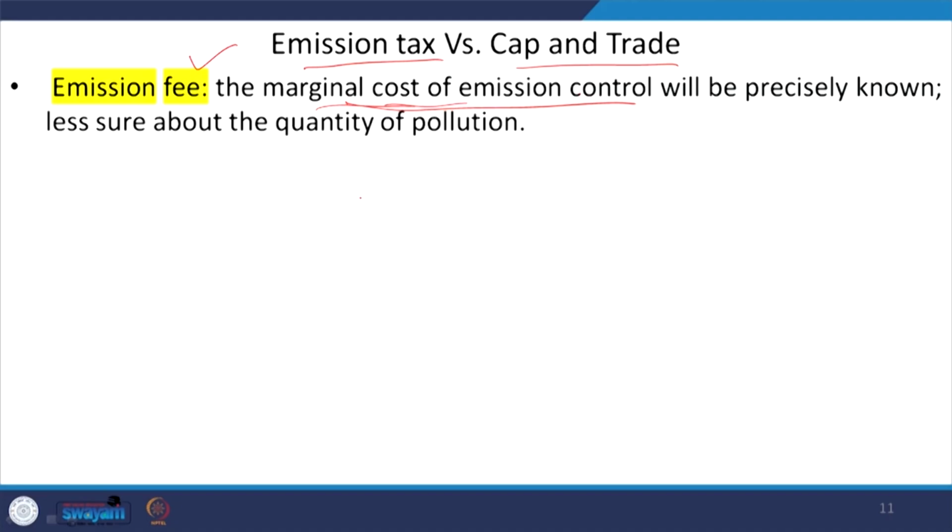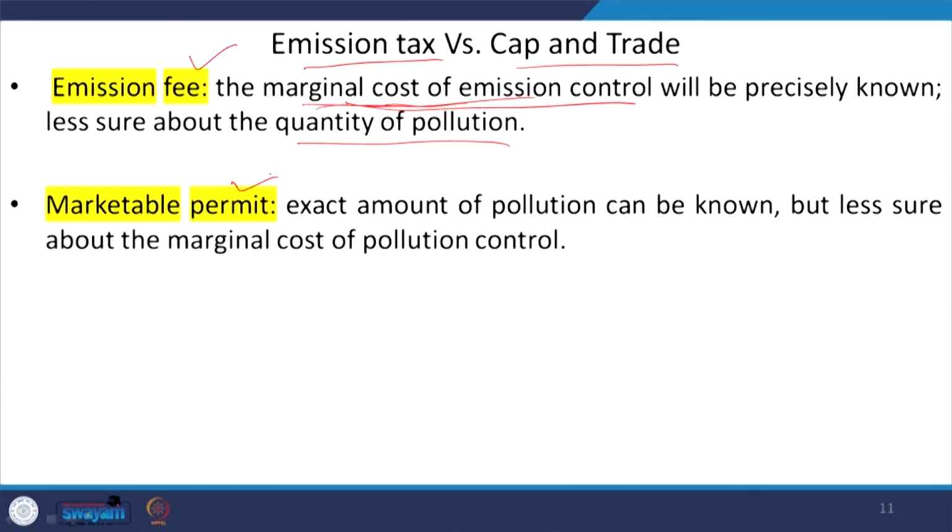And when you are going to reduce one more unit of pollution, then you have to pay some additional amount of cost. So, that is how the marginal cost of emission control can be precisely known under the emission fee. But so far as the quantity of pollution is concerned, under this emission fee, the quantity of pollution is less sure to be determined.